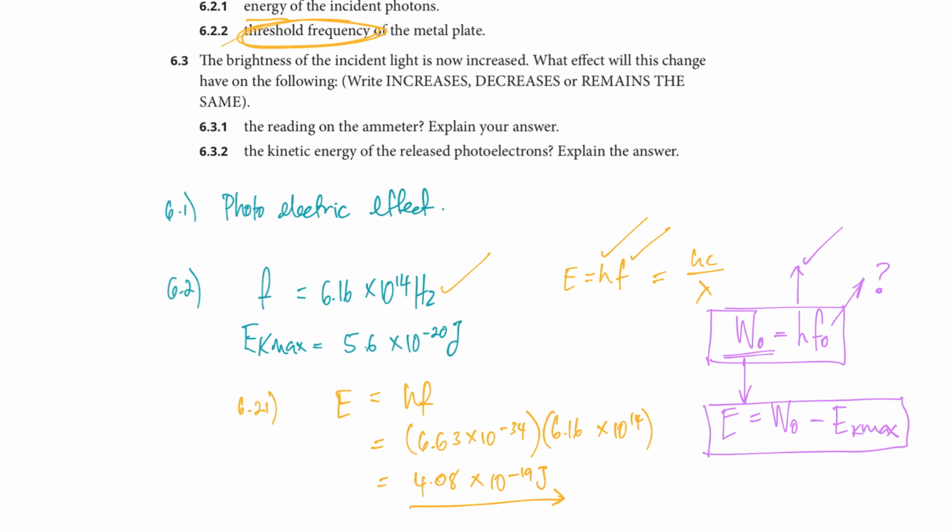Now, of this formula that I have, I was given the EK max in the question, so I've got that. And in 6.2.1, I found the energy of one photon. So I can use that information to find my work function so that I can sub it back in.